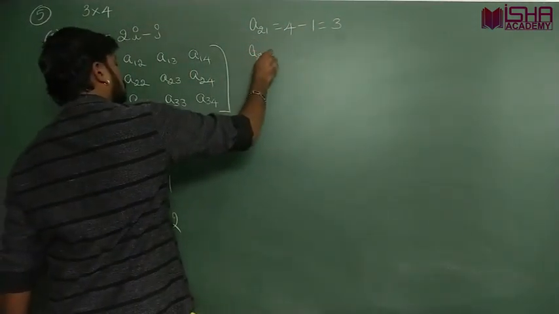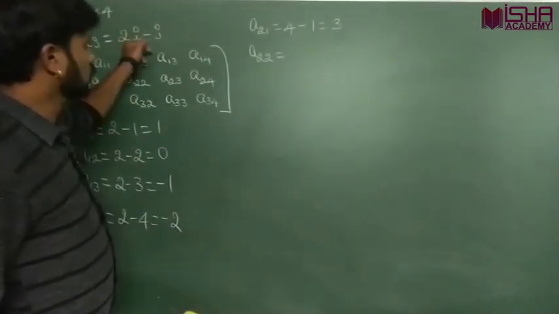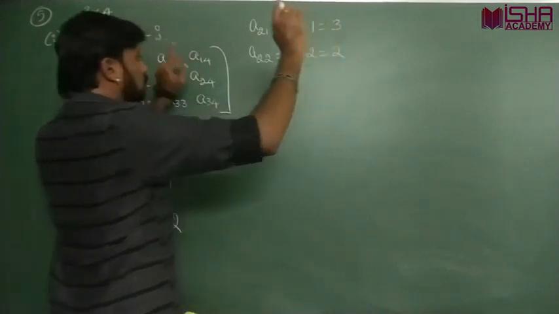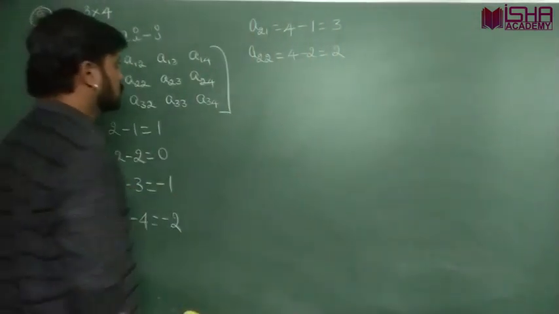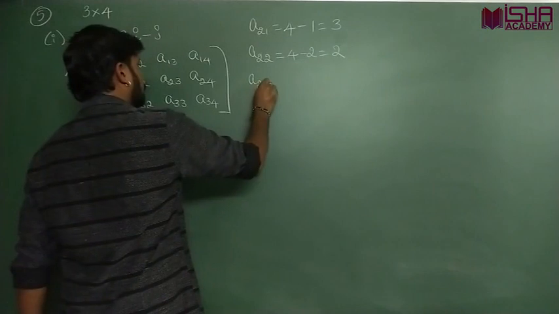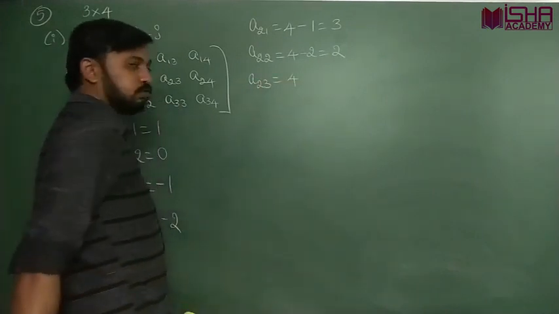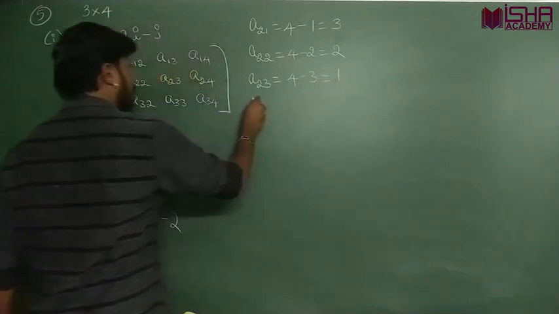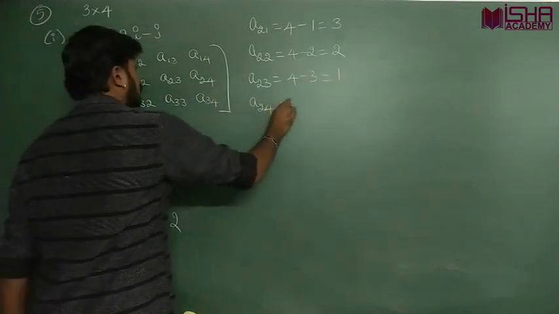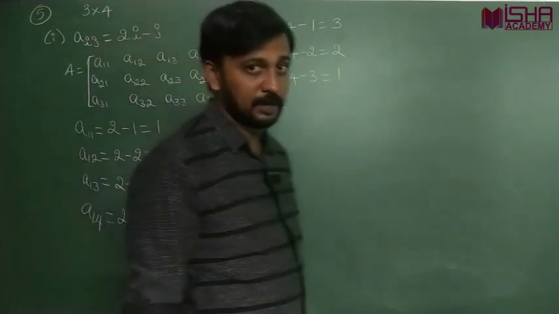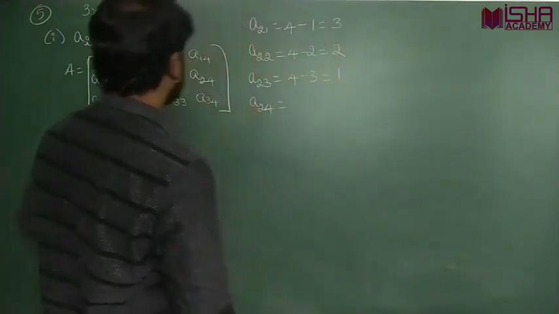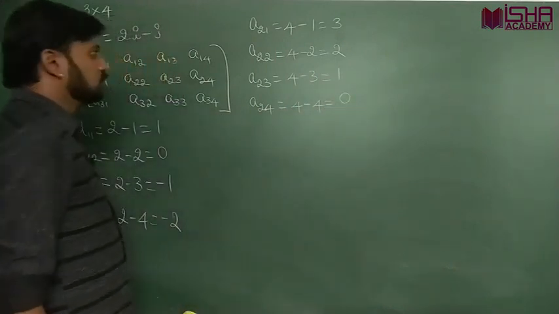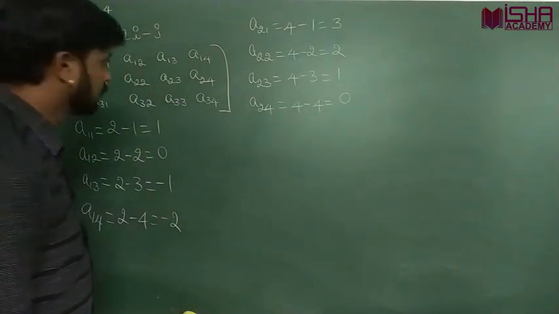Next, A22: 4 minus 2 is 2. Next, A23: 4 minus 3 is 1. And the second row, fourth column element A24: 2 into 2, 4 minus 4 is 0. Correct? It's easy, isn't it?